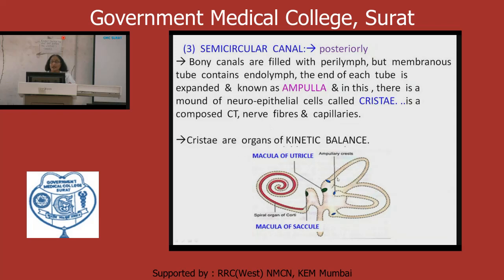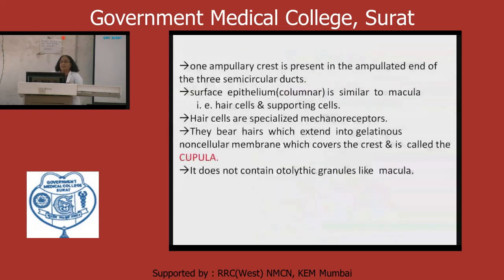In this there is a mound of neuroepithelial cells called the crista, composed of connective tissue, nerve fibers and capillaries. The ampullary cristae are the organs of kinetic balance. One ampullary crest is present in the ampullated end of each of the 3 semicircular ducts.